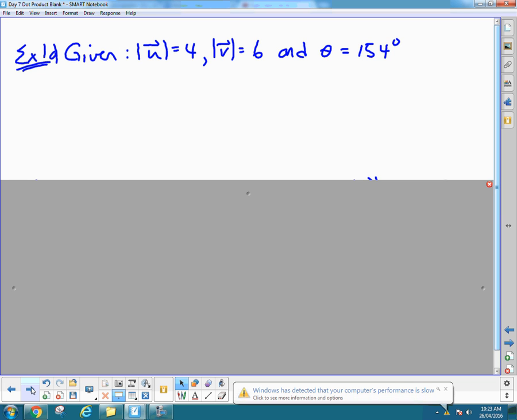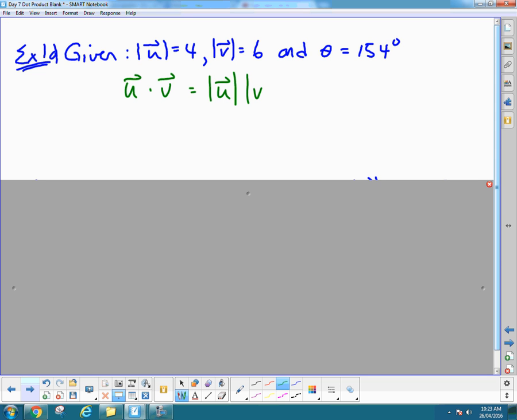Here we have two vectors, vector u and vector v, and an angle in between them. We could draw this if we wanted, but it's not necessary because all I'm doing is calculating the dot product. I just need to know how big it is. So if I use the formula, u dot v is equal to the magnitude of u times the magnitude of v cos theta.